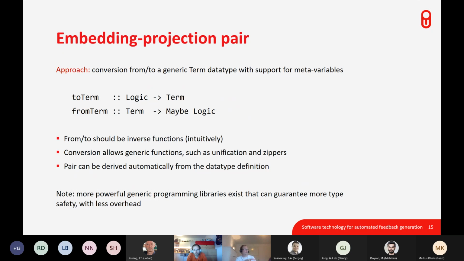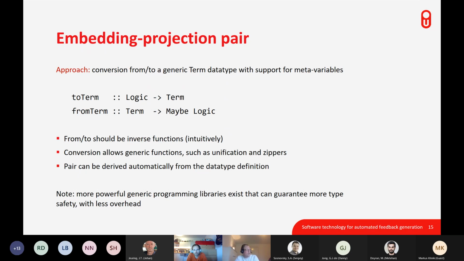And I have a conversion function the other way around, which goes from a term data type back to a proposition logic. And this is a partial function. This is a function that may fail, hence the maybe that you can see in the type signature, because not all terms represent valid logical propositions. They can also represent other things. So intuitively, the 2 are each other's inverses.